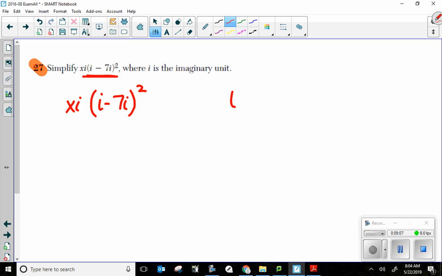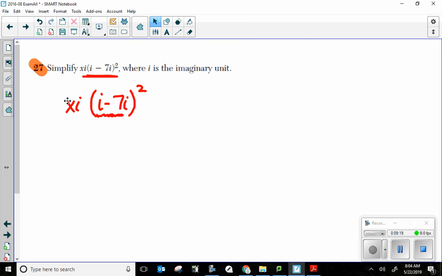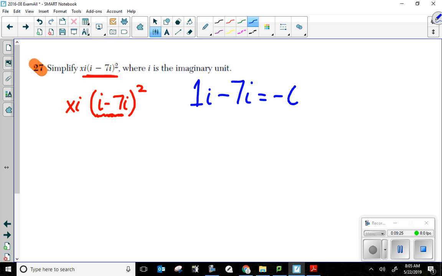You could have taken i minus 7i and multiplied it times i minus 7i. But you know what? I can actually combine these. I can combine those into one term. Oh, what an easy way to do this. I have one i, and I take away 7 i's. That gives me negative 6i. So right now, that's negative 6i squared times xi.